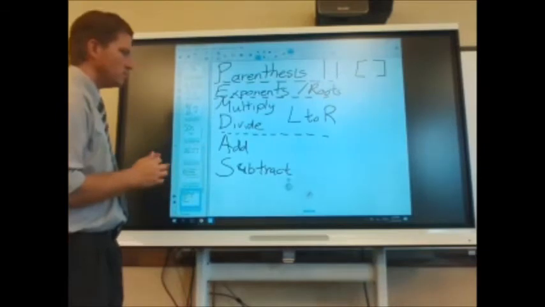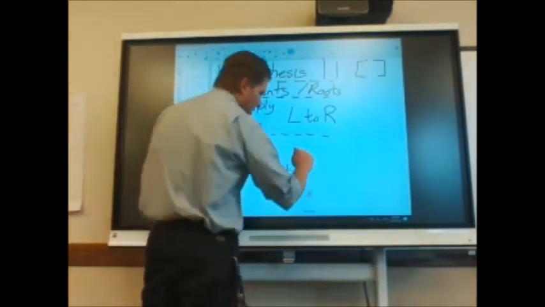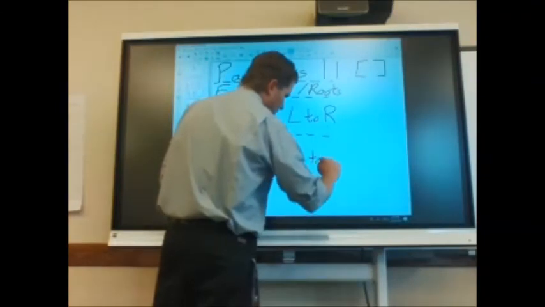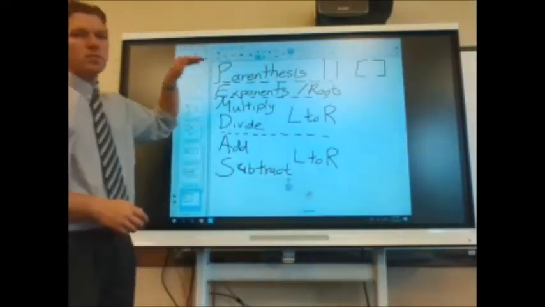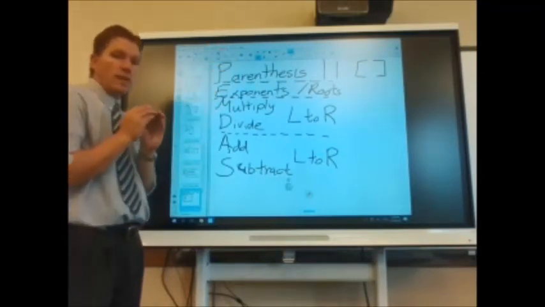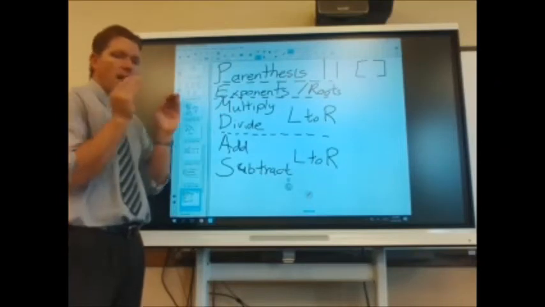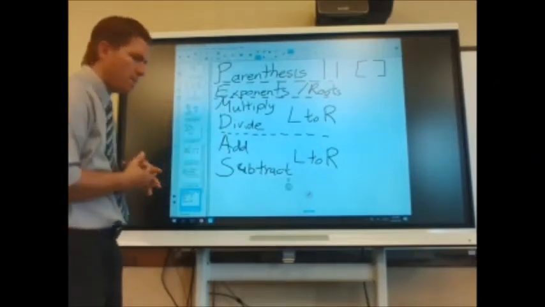The same setup is for addition and subtraction. They are on the same level and they're done left to right. Exponents and roots are also true. Parentheses typically work from the inside, the smallest, and work your way out and left to right, okay?